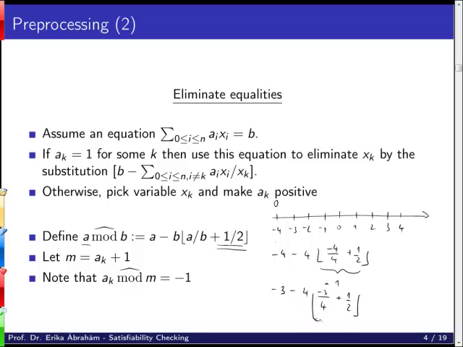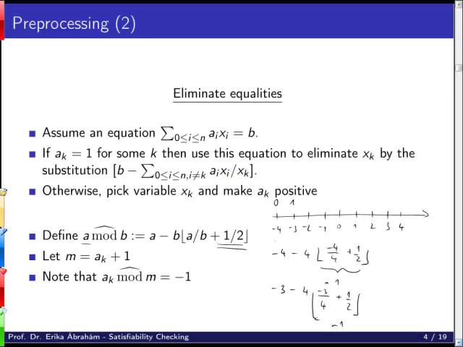And this is now minus 1 still. So we have in this case plus 1. This would be a kind of mirrored modulo.